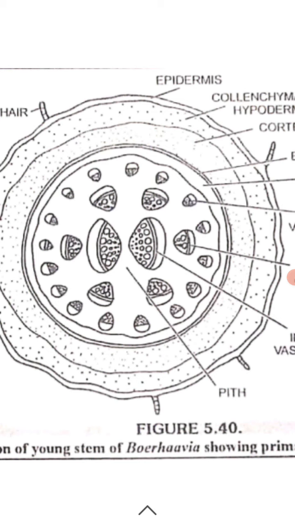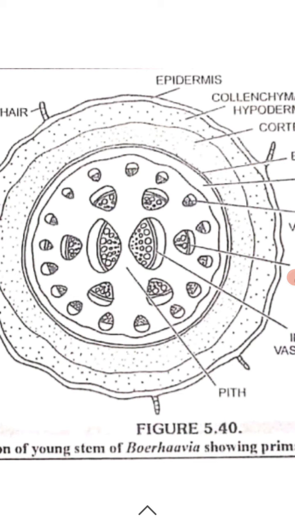The second ring or the middle ring consists of 6 to 14 comparatively small bundles. Next, the outermost ring or the third ring consists of 15 to 20 or more small vascular bundles.